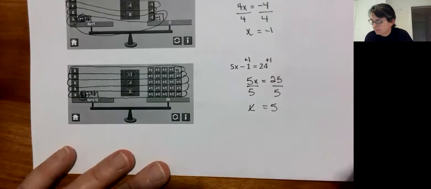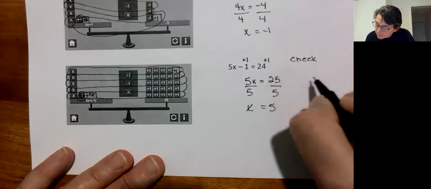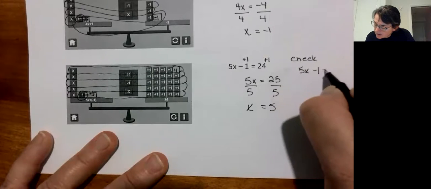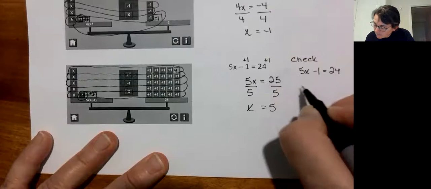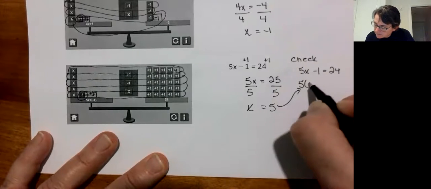Oh, we should do a check. So 5x minus 1 is 24. Now we substitute 5.